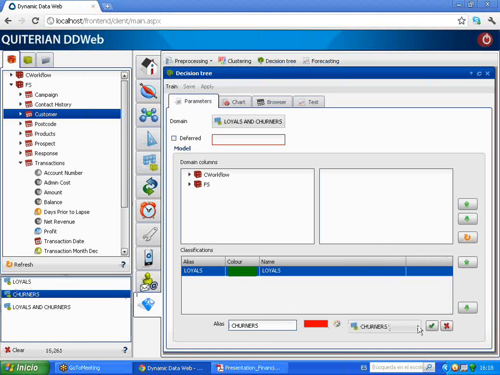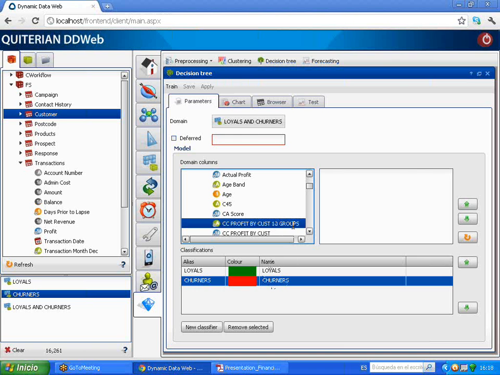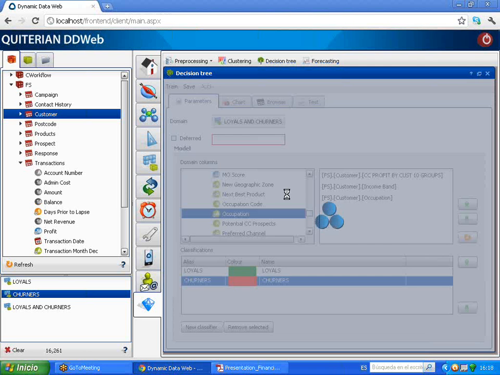I take the churners by drag and drop, and I'm going to analyze, depending on their characteristics, why they are churners or loyals. For example, depending on the profitability, the income bands, or the occupation. Let's train the model. Now the tool is calculating the probability of becoming loyal or churner depending on these characteristics.